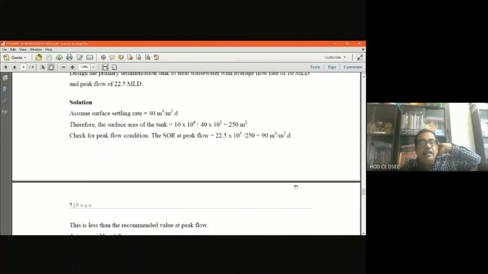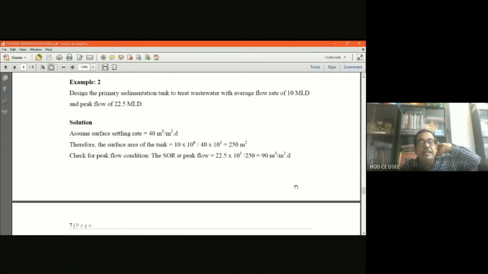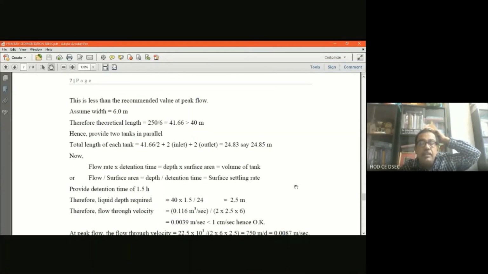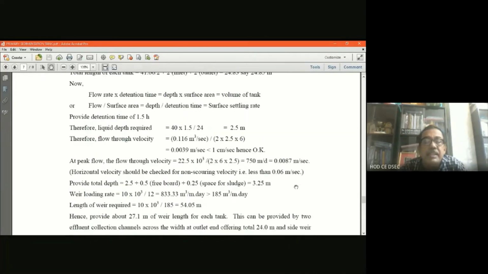You have taken the surface loading rate, surface settling rate, that is the 40, isn't it? So when you consider the 40 surface settling rate, that means in the equation, you just multiply it with the detention time, you will get the depth. So that's why the depth of the liquid is 40 into 1.5 divided by 24.